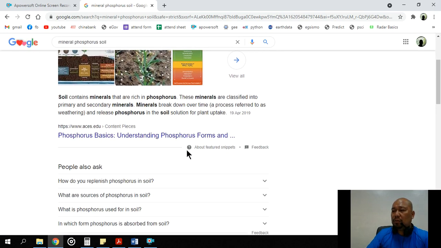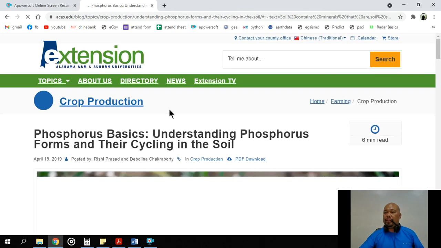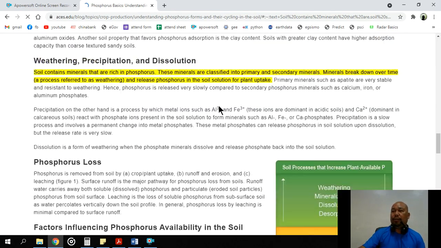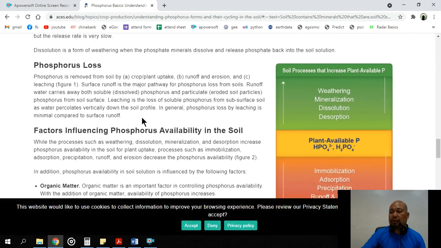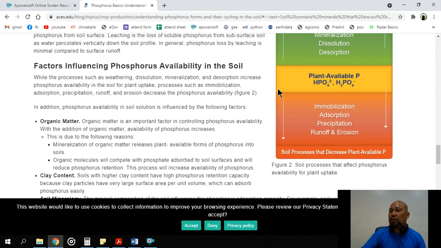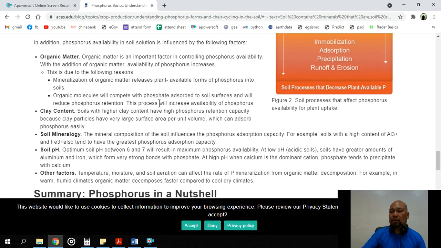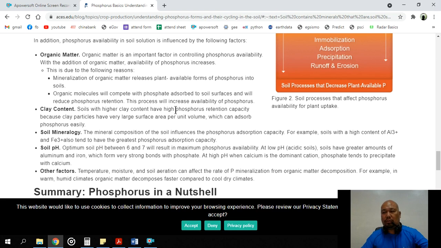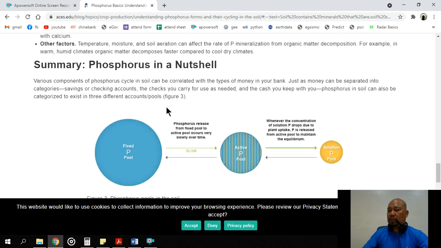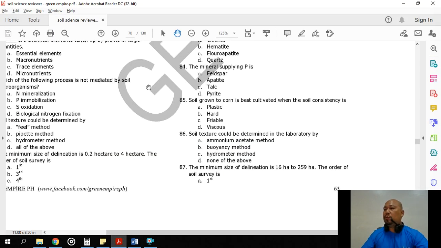I don't know. Let's see this one. Phosphorus forms. Let's see. Rich minerals over time. Phosphorus loss. I don't know, to be honest. Okay, let's leave it to others who know better than us. So I don't know what's the answer for 84.